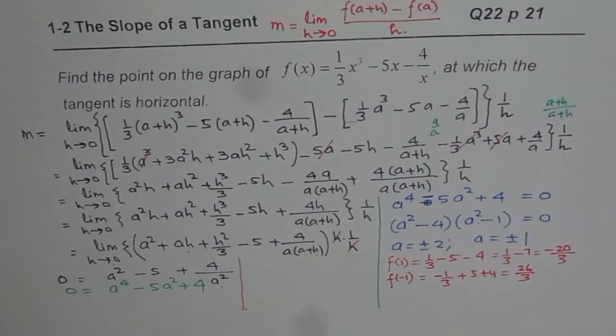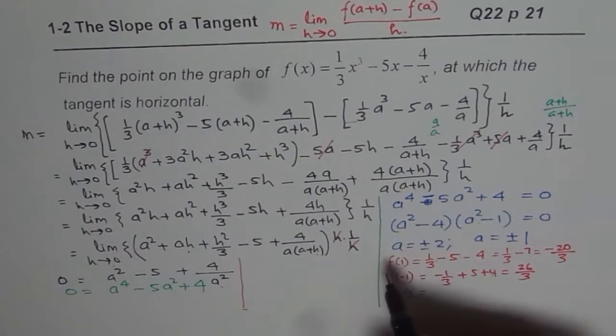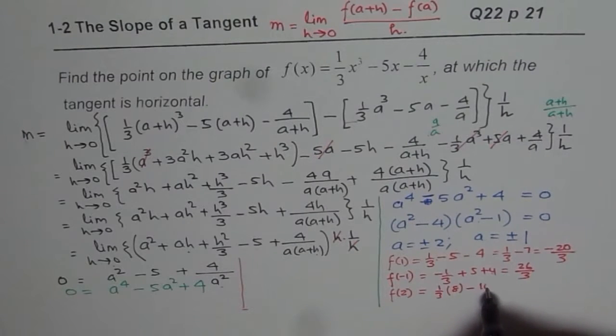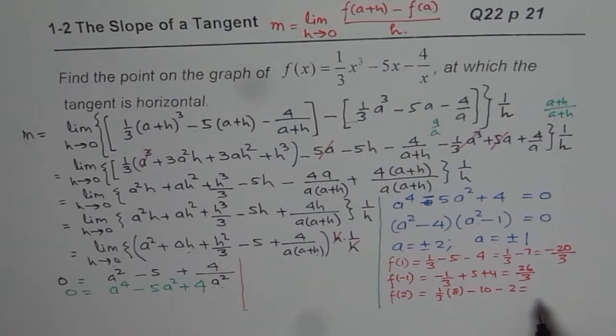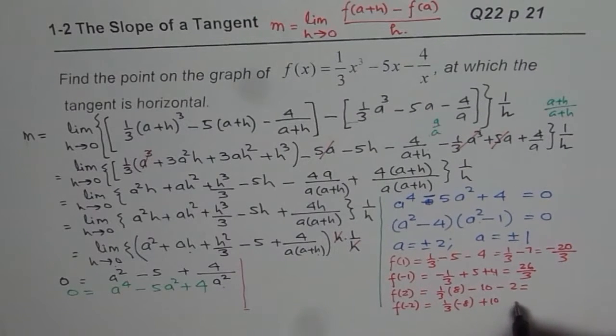Third and fourth, we have to write f of 2, right? So we can use a calculator also and then plug it in. So 1 over 3 times 2 cube is 8, minus 10, minus 4 divided by 2 is 2, correct? So you could calculate this, and similarly you could also calculate what f of minus 2 equals. Minus 2 will be 1 over 3 minus 8 plus 10, and minus 2 will make this plus 2, correct?